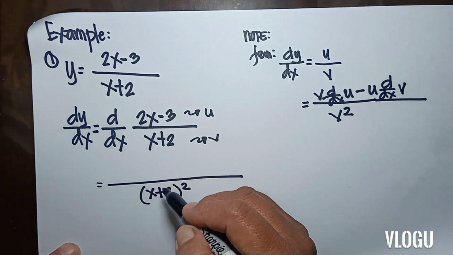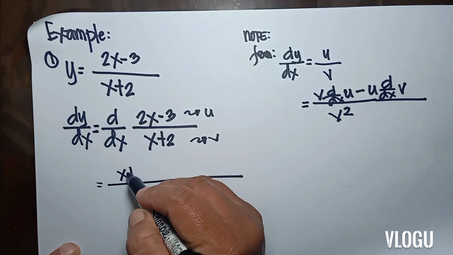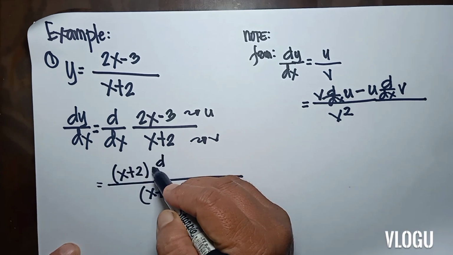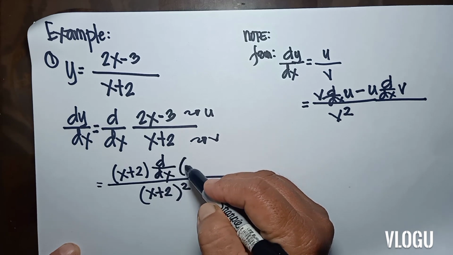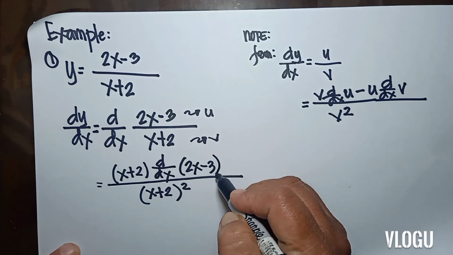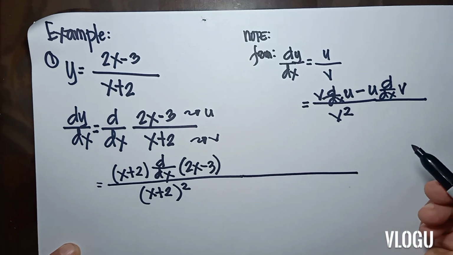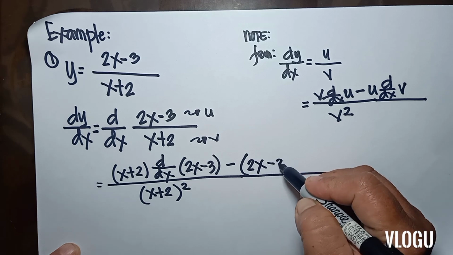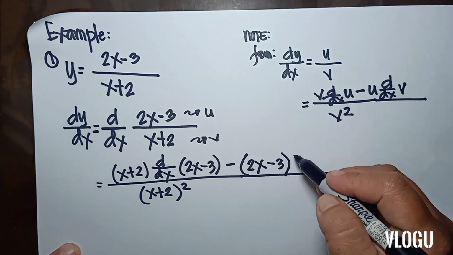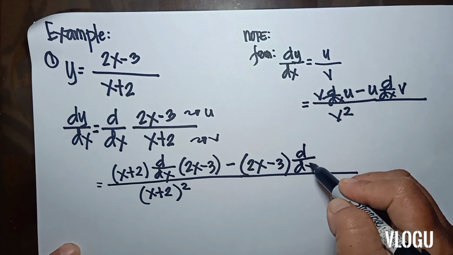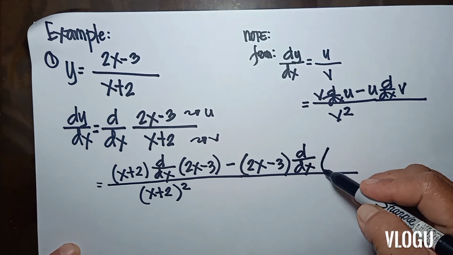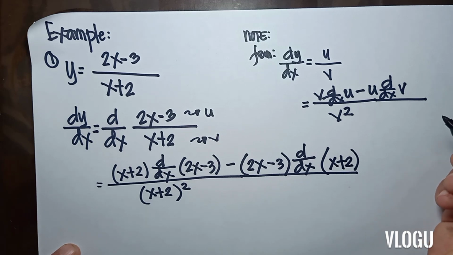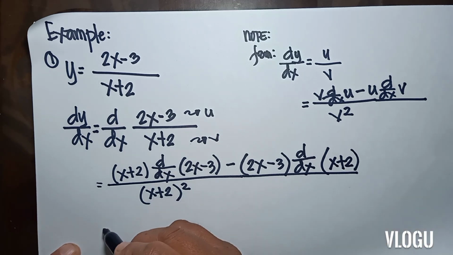Then we start with the denominator, x plus 2, times d dx of 2x minus 3, then minus 2x minus 3 times d dx of x plus 2.